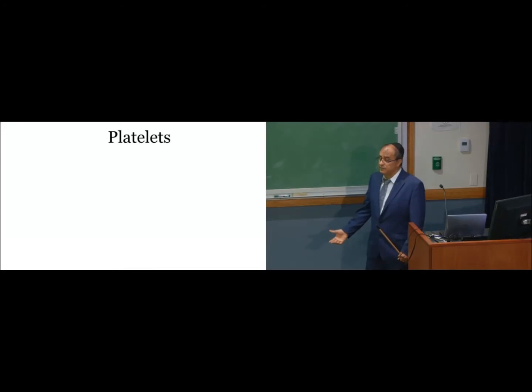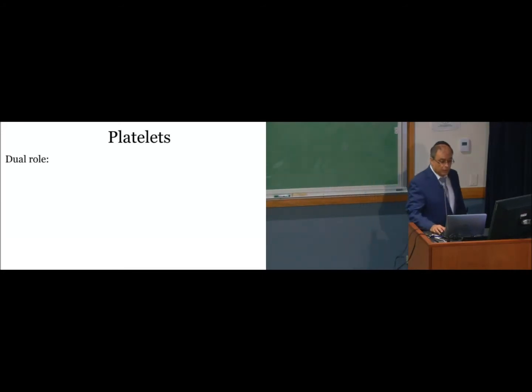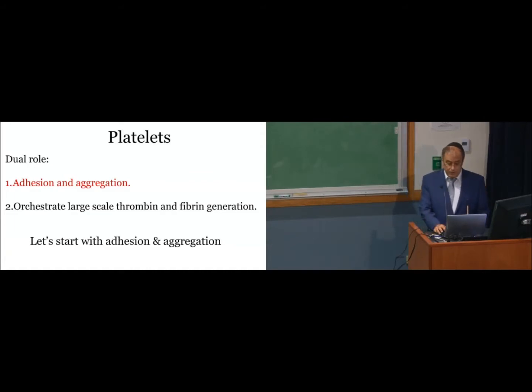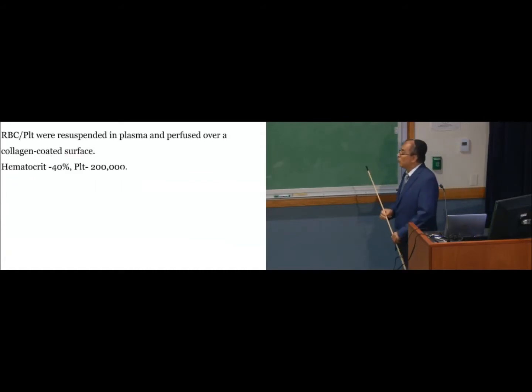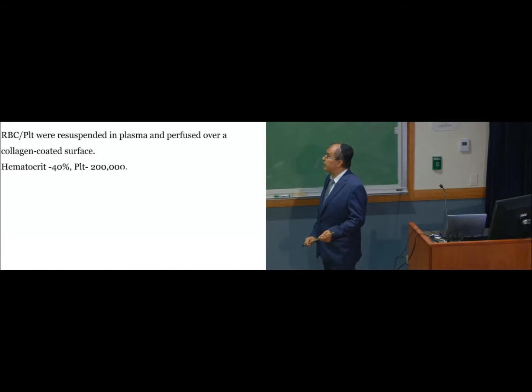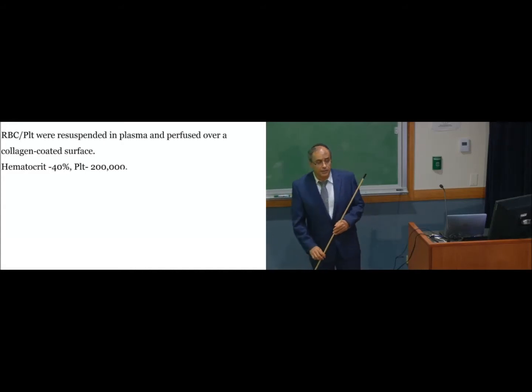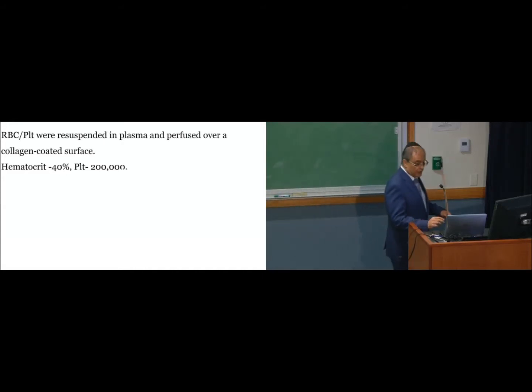Do they need platelets? So we spoke about the dual role of platelets in cirrhosis: adhesion and aggregation, forming the initial platelet plug that seals the vessel, and orchestrating and contributing to thrombin generation. Starting with the adhesion and aggregation, the Milano group collected blood, separated the plasma from the cells, resuspended the RBC and the platelets, and adjusted the hematocrit to 40 and the platelet count to 200,000.